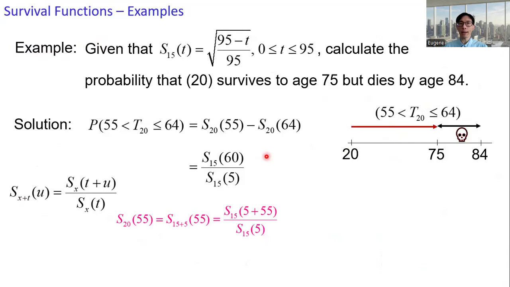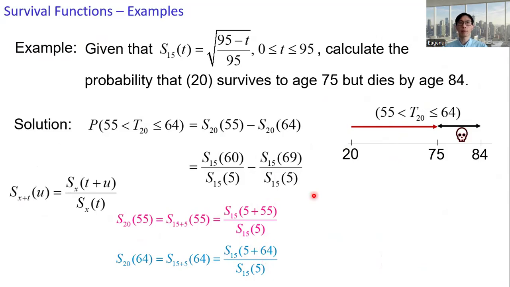And then the second term, S20(64). This equals S15(69) over S15(5). All right, so all the terms are in the form of S15. So we simply do the substitution t equals 60, t equals 69, and t equals 5 respectively.